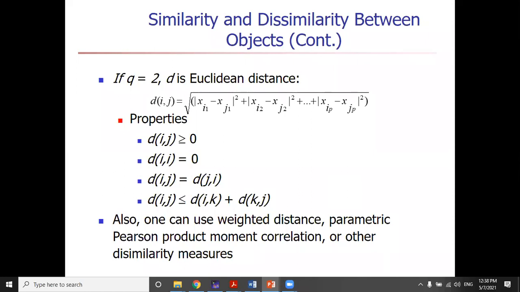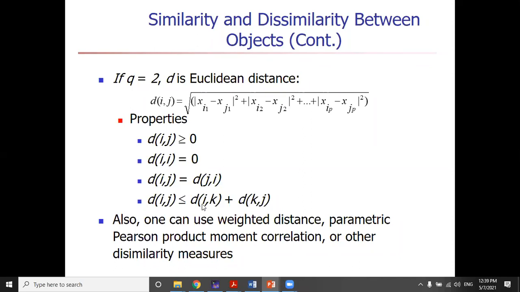Sir, please say it once more. If you are going to calculate the distance between i and j, there is no direct distance or distance path available between i and j. You have to go through an intermediate object, that is k. That means you first move from i to k, which is an intermediate object, and then you calculate the distance from k to j.